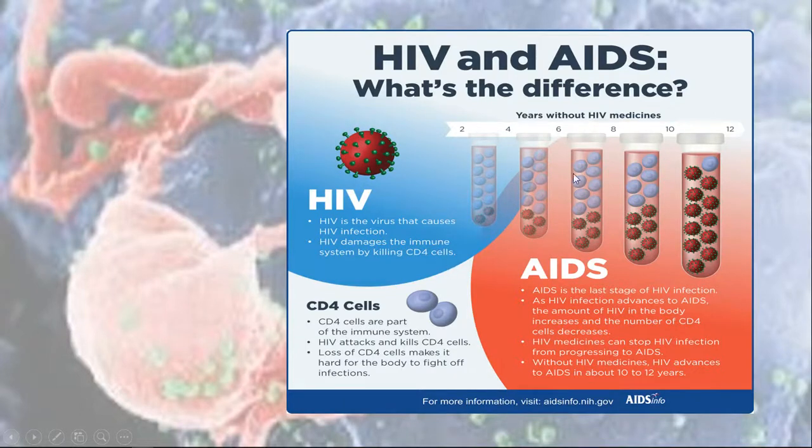As the years progress, without any medications, eventually the viral load increases significantly and your CD4 cells decrease significantly, which then changes it to AIDS. So it starts off as a virus, and then it progresses to acquired immune deficiency syndrome because your immune system is deficient, as it has such a low CD4 cell count.